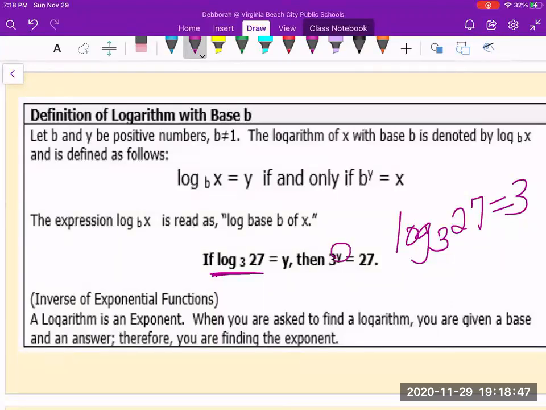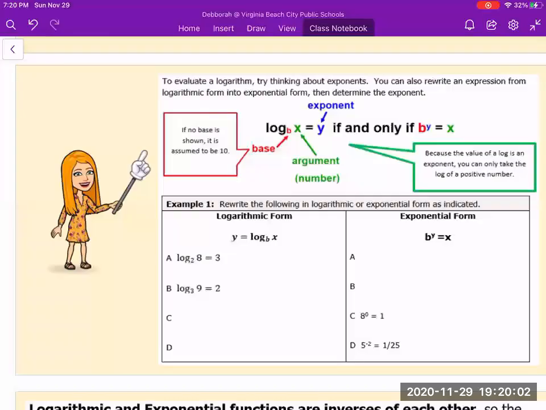When you are asked to find a log, you're given a base and an answer. Therefore, you're finding the exponent. To evaluate a log, try thinking about exponents. You can also rewrite an expression from logarithmic form to exponential form to determine the exponent.